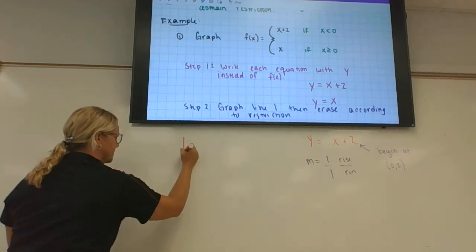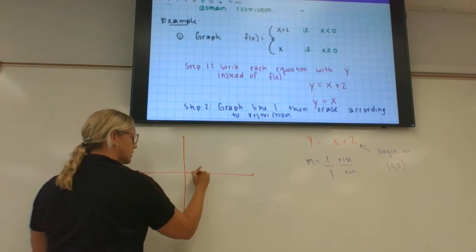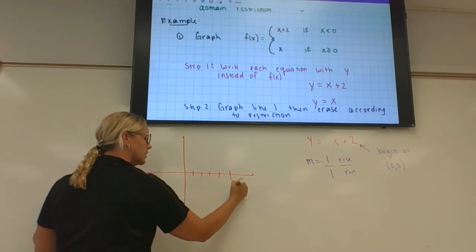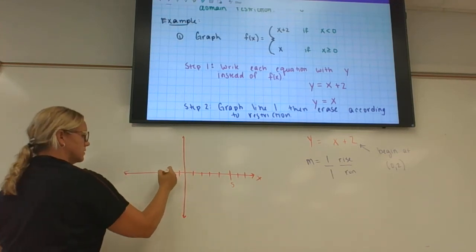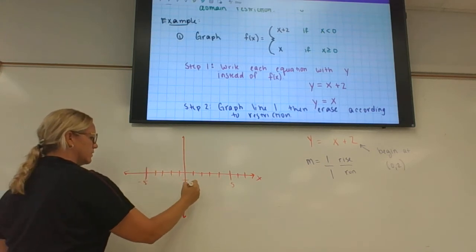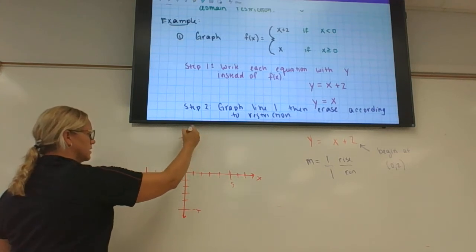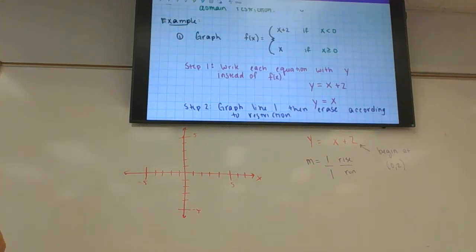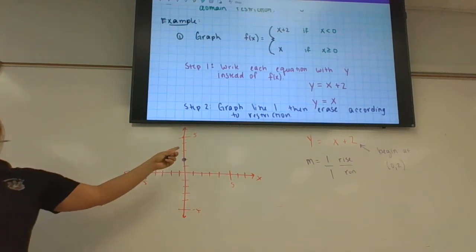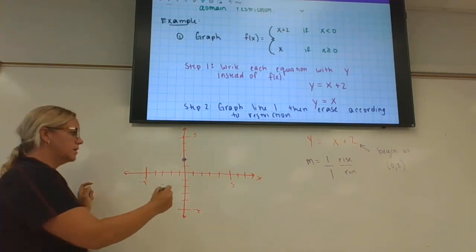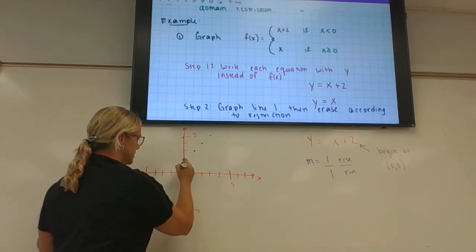Go ahead and graph that linear equation. I'm beginning at 2. Here's my dot. Now going up 1, over 1, up 1, over 1. Some of y'all are going to get lucky because you don't extend lines anyway.